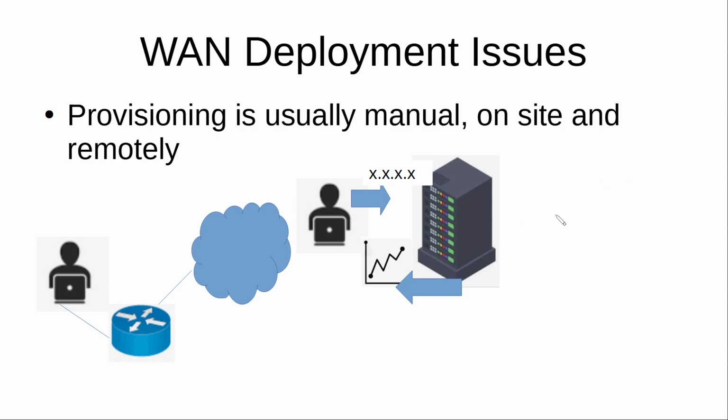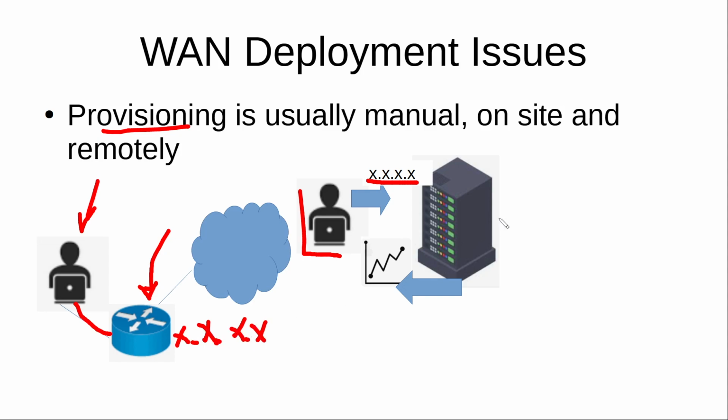So what were other issues that enterprises faced when trying to deploy wide area networks? The main issue is provisioning. That means that you will need to send a router to the remote office and have an engineer connect to that router and start typing some commands in order to set it up, and have another group of engineers provision the new IP address of these new servers into, for instance, a network management server that works with SNMP, or a server that creates statistics, or a server that creates or manages your orchestration.